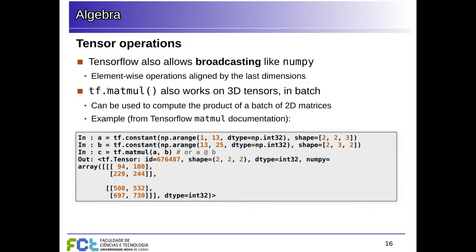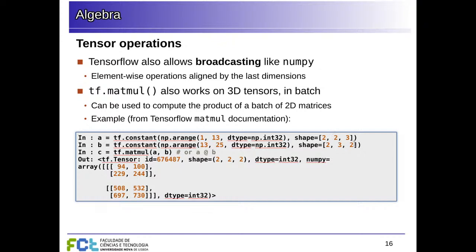With the matrix multiplication function, this matmul function in TensorFlow, we can multiply algebraically matrices that are in batches in higher dimensional arrays. The rule for this is that the last two dimensions in our arrays must correspond to a pair of two-dimensional matrices that we can multiply.